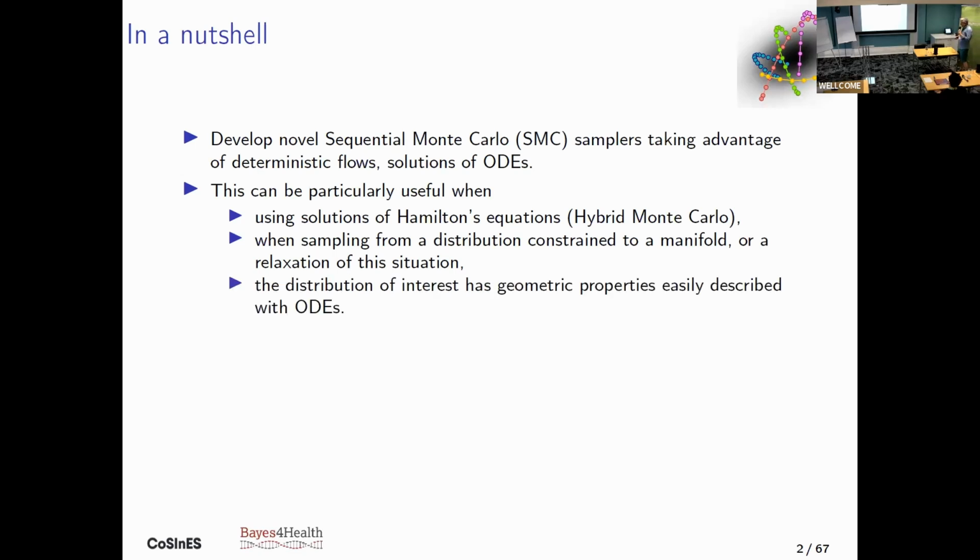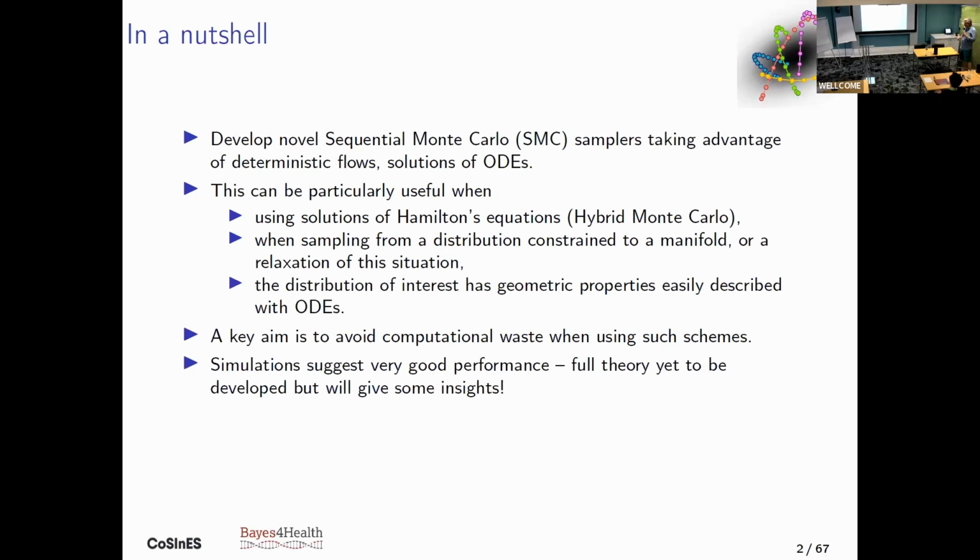In particular, we would be interested in scenarios where some of the geometric properties of the distributions you're trying to sample from can be described through ODEs, right? And as I said earlier, one of the key aims of this work was to try to avoid as much computational weight as possible while using these things. And you'll see exactly what I mean.